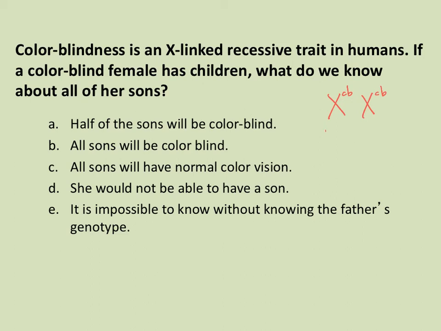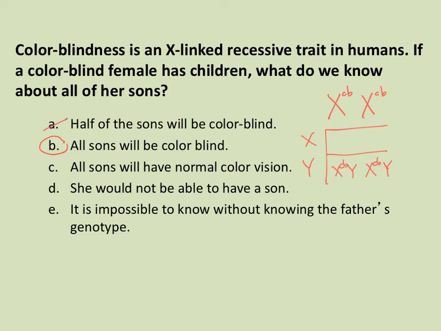If we draw a Punnett square, regardless of what the dad's genotype is, she's going to pass on a colorblind X to all of her sons. We know then that all of the sons will be colorblind because they will all receive a colorblind allele from the mom.